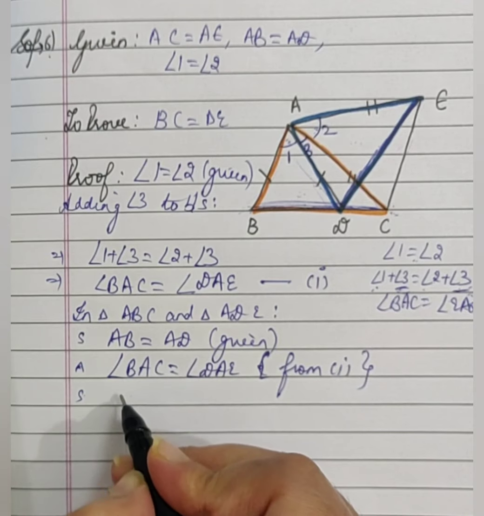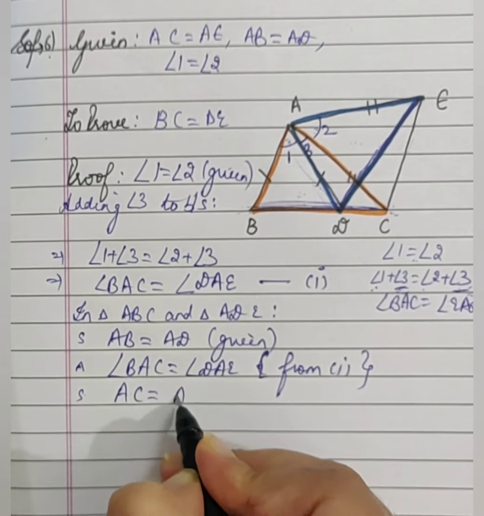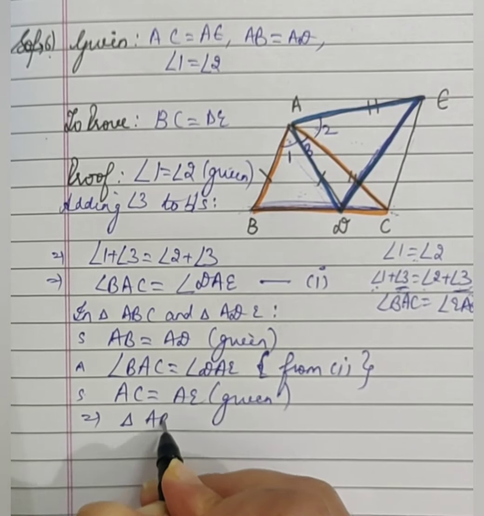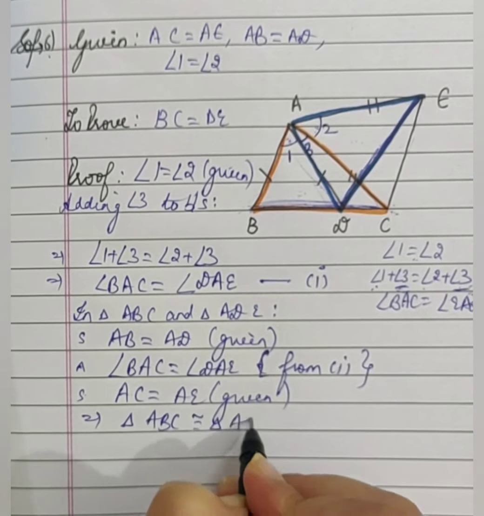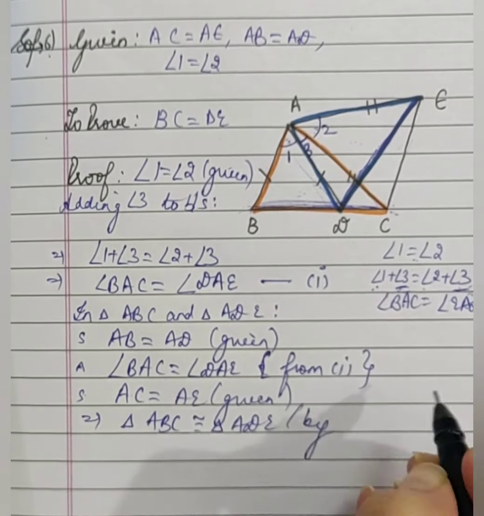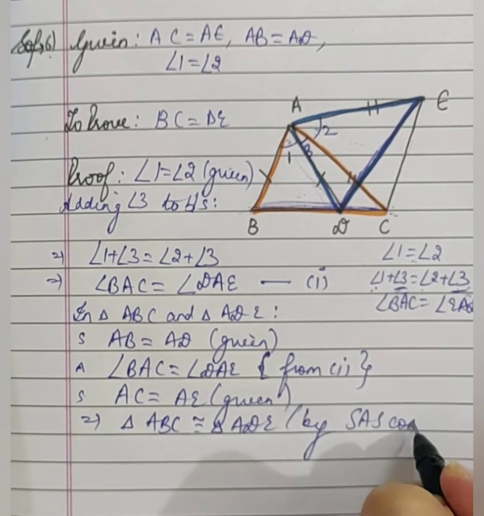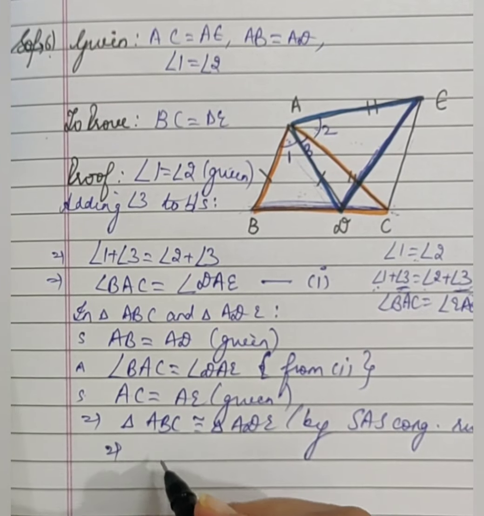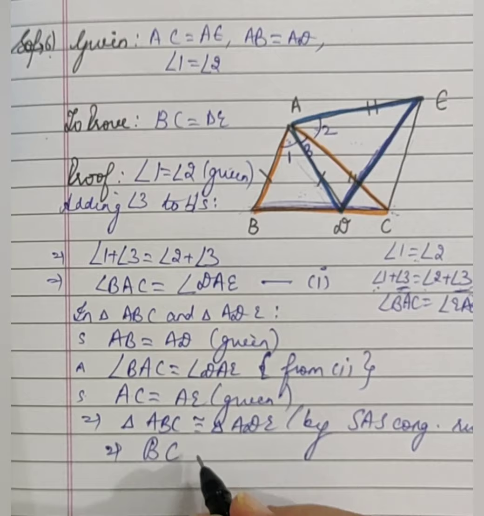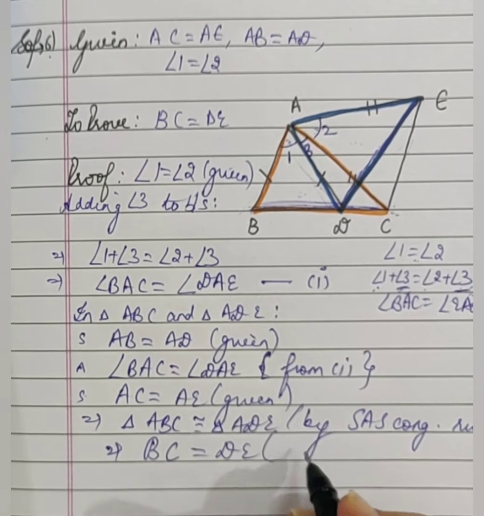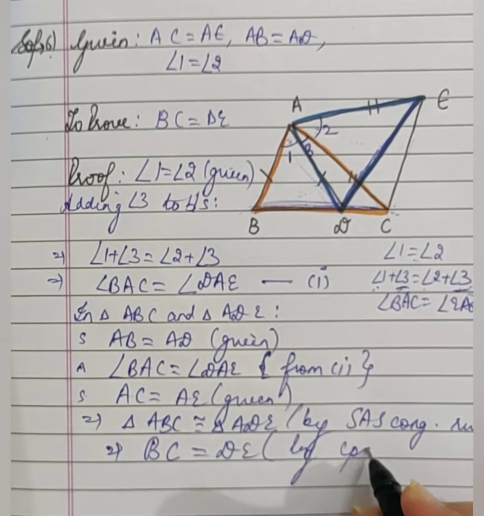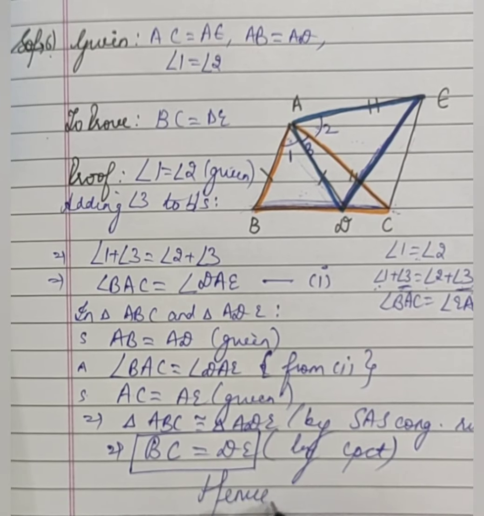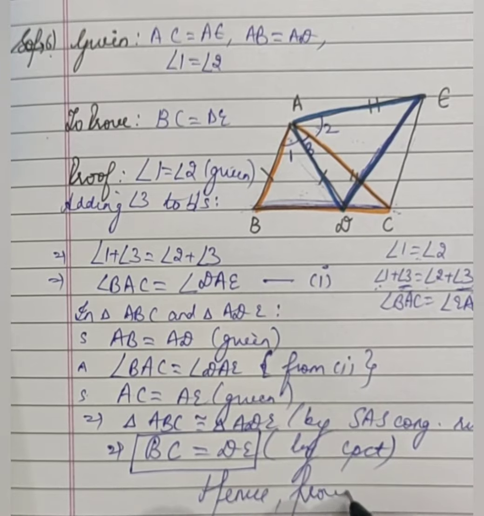The third condition is AC is equal to AE. This is also given. It implies triangle ABC is congruent to triangle ADE by side angle side congruence criteria or rule. This implies BC is equal to DE by CPCT, that is corresponding parts of congruent triangles. Hence proved.